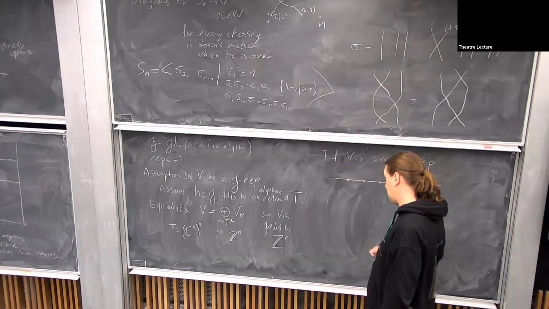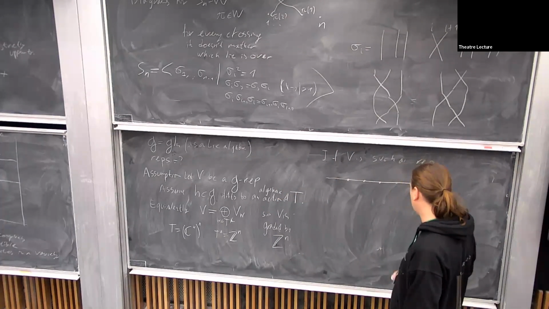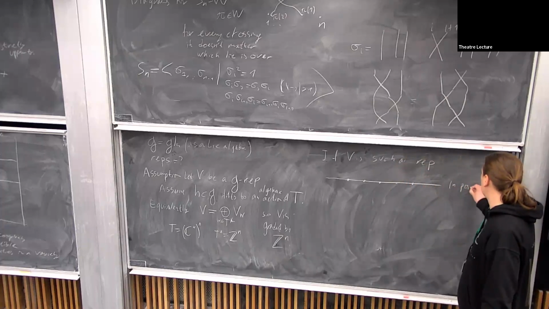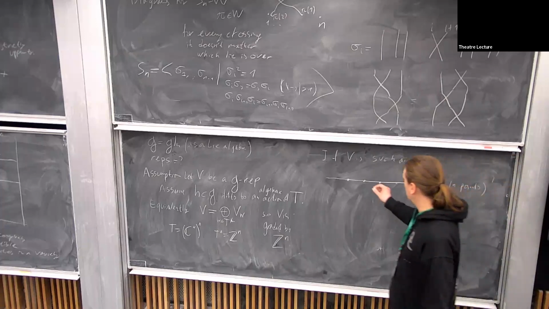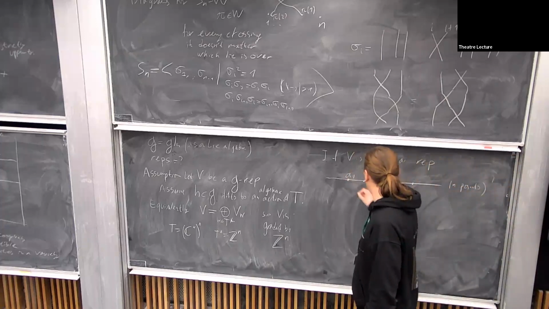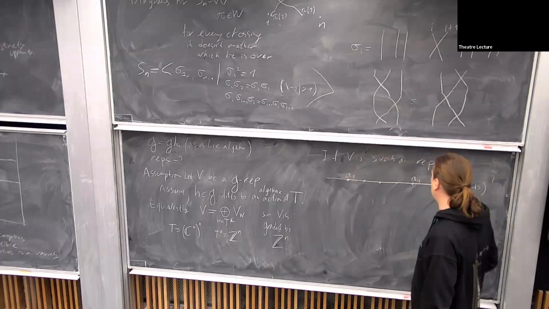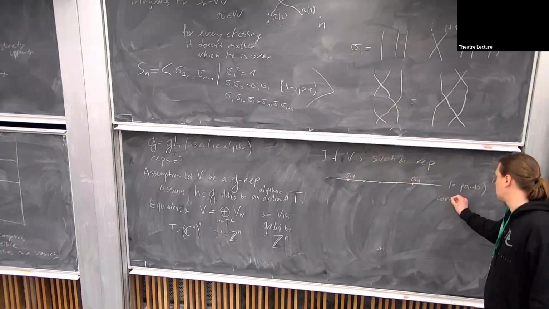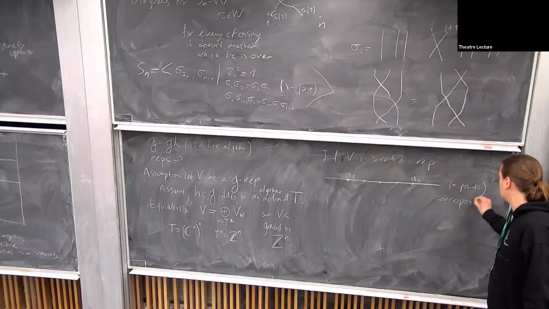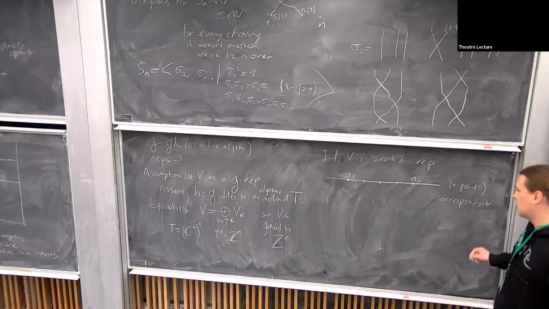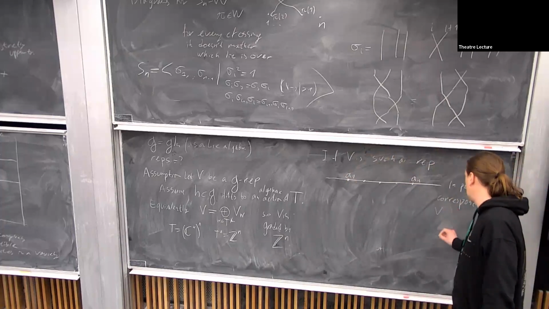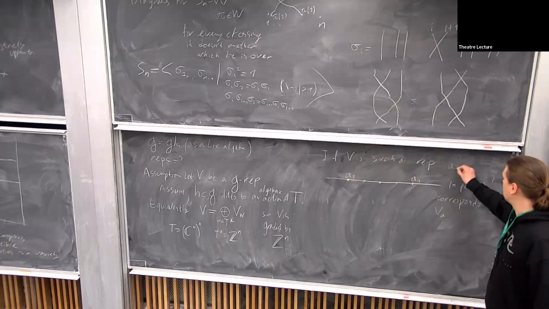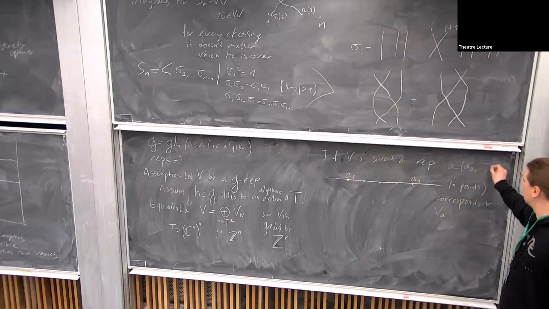To be precise, I need n points, and I put the numbers a_1 to a_n. This corresponds to V_a, where a is the vector of all the a's.